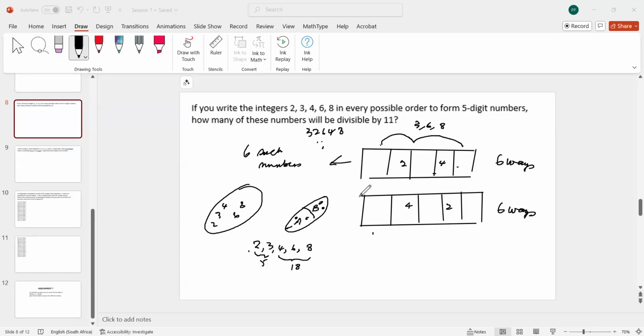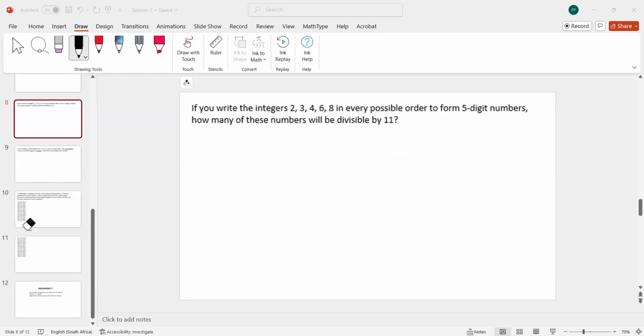And also here there are 6 such numbers. So altogether the answer is 12. Okay, so that's an interesting problem. There you are tested on divisibility by 11. All right, so let's just clear the drawings and we go on to the next problem.